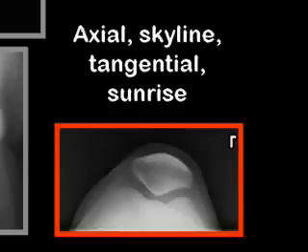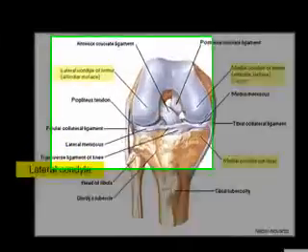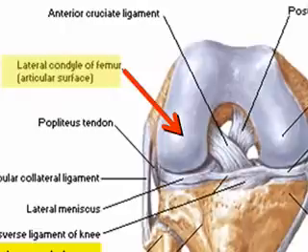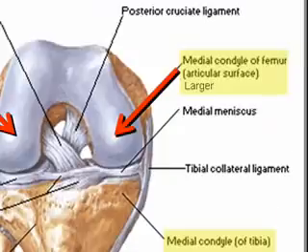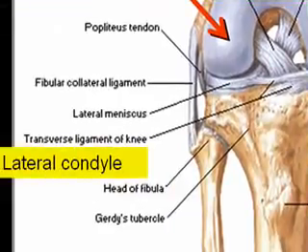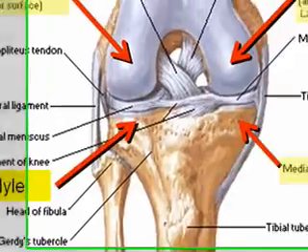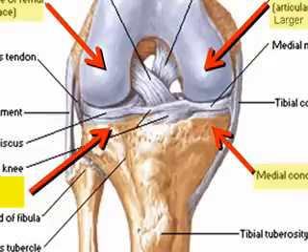patella and the femur. The major components of the knee joint include the lateral femoral condyle, the medial femoral condyle, the medial tibial condyle, and the lateral condyle of the tibia. The flat surface formed by the medial and lateral tibial condyles is the tibial plateau, which has a lateral and a medial component.